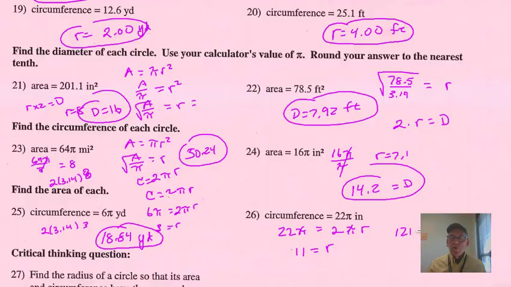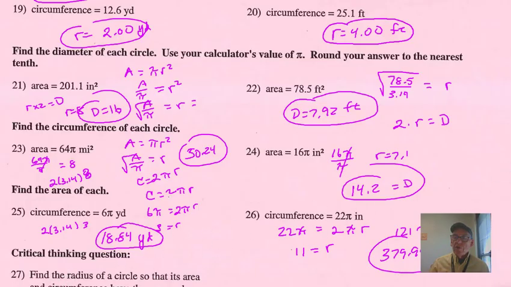So it's going to be 121 times pi. And it's going to be inches squared. Now, let's see, 121 times 3.14 comes up to be 379.94 inches squared. Your answer for that one.